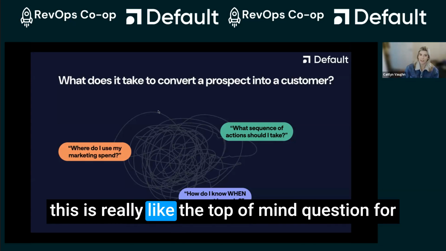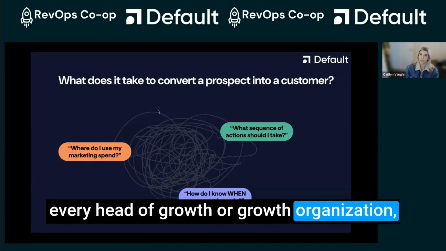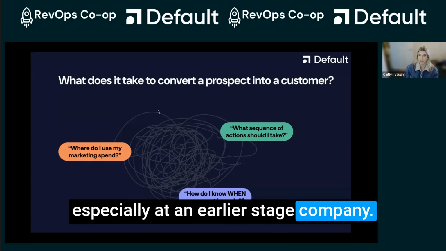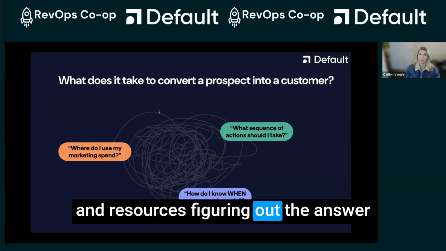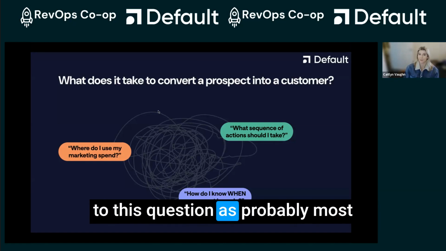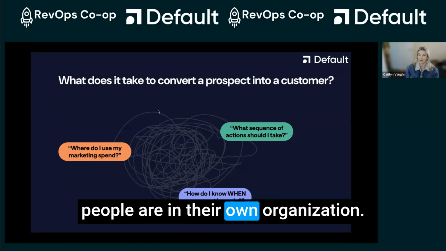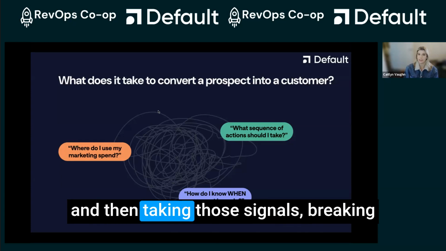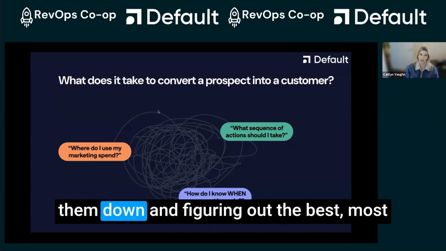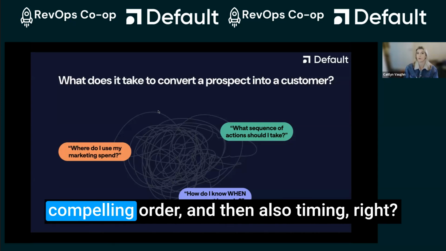So this is really the top of mind question for every head of growth or growth organization, especially at an earlier stage company. What we're doing is spending our time and resources figuring out the answer to this question, as probably most people are in their own organization, starting out with what is already working and then taking those signals, breaking them down and figuring out the best, most compelling order, and then also timing, right?